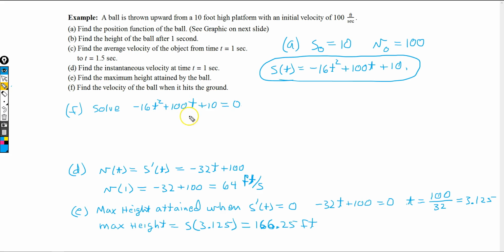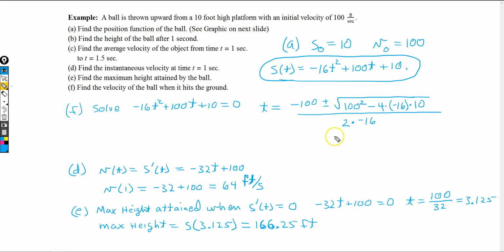Now for that one, this doesn't factor very nicely, so we're going to have to use the quadratic formula. So t is going to equal negative b plus and minus the square root of b squared minus 4 times negative 16 times 10, and then all of that divided by 2 times negative 16.